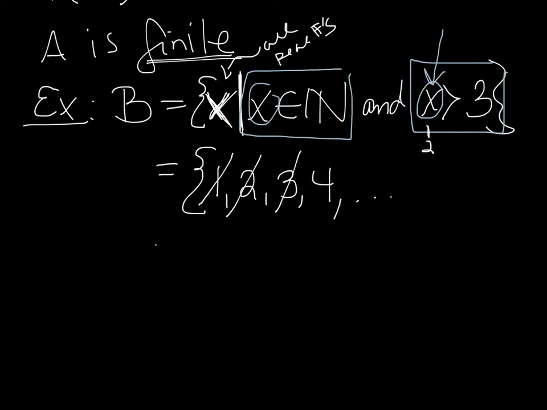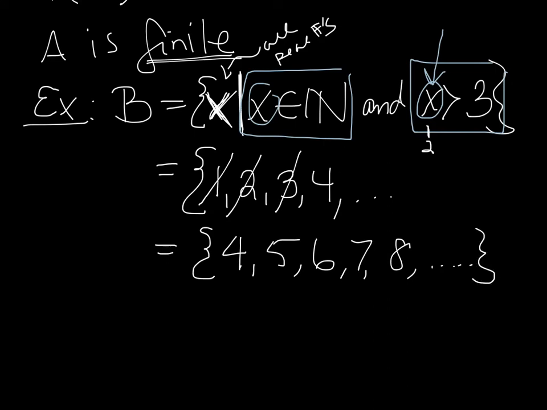So our set, if you want to write it a little bit nicer, our set is 4. All numbers greater than 3 are 4, 5, 6, 7, 8. I mean, there are a lot of numbers greater than 3. So this set B is an infinite set, because it goes on to infinity.